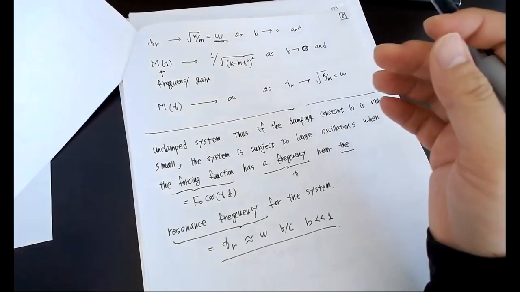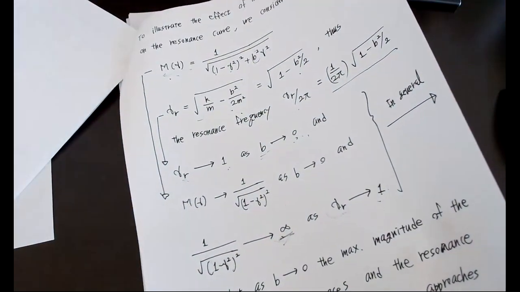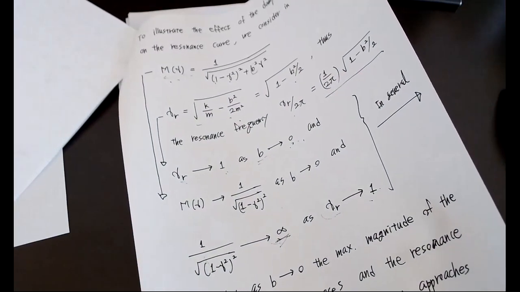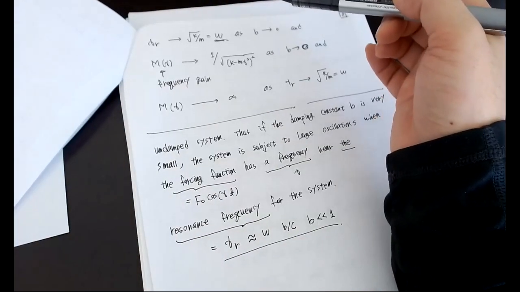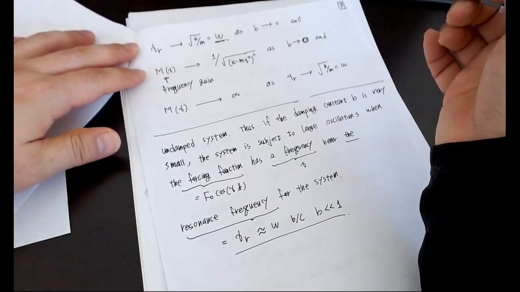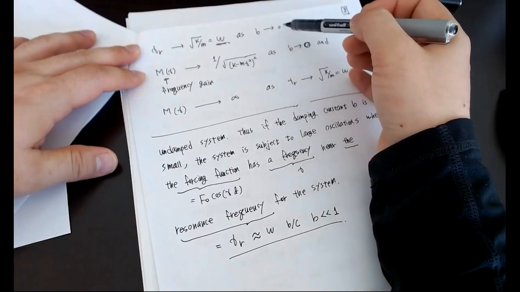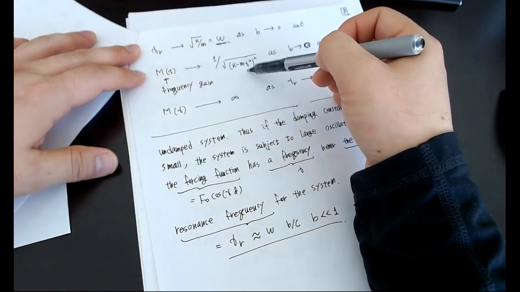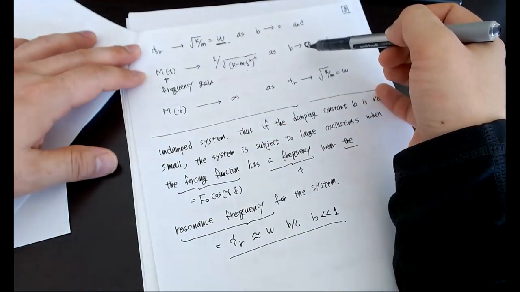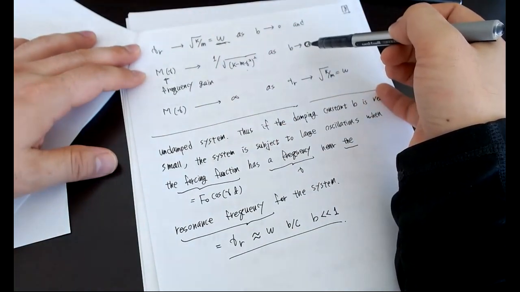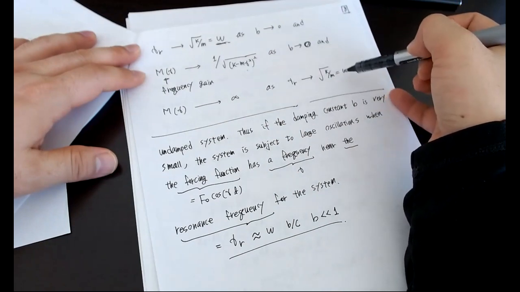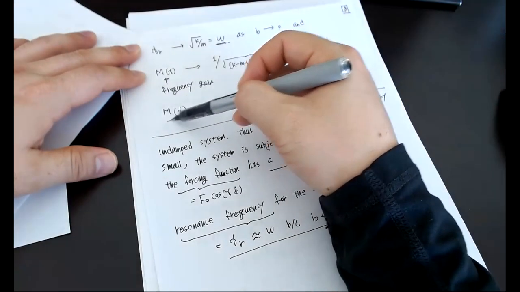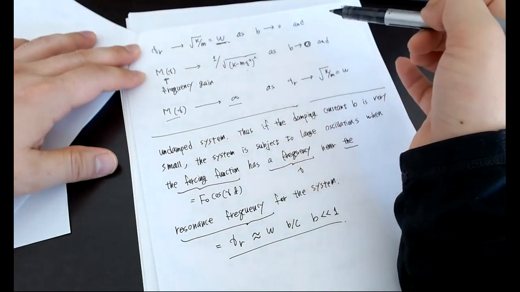Give me a second. So omega over 2 pi is the natural frequency, as b approaches 0. And then the frequency gain approaches this as b approaches 0. Gamma r approaches omega, and the frequency gain approaches infinity.